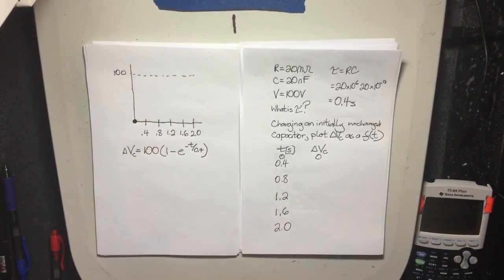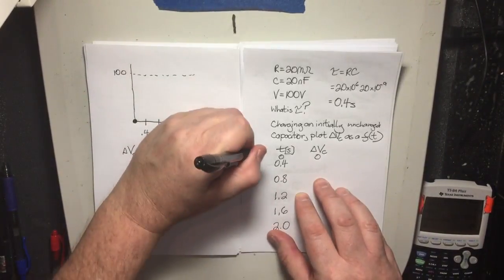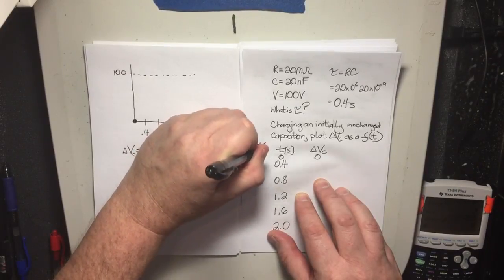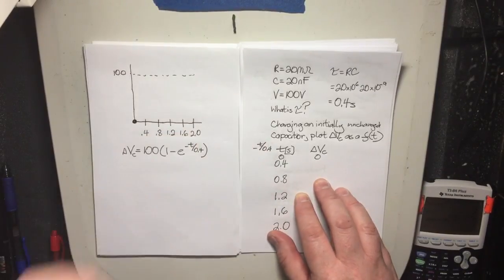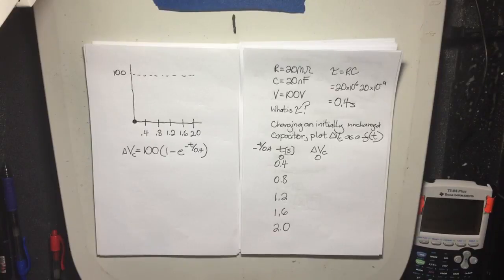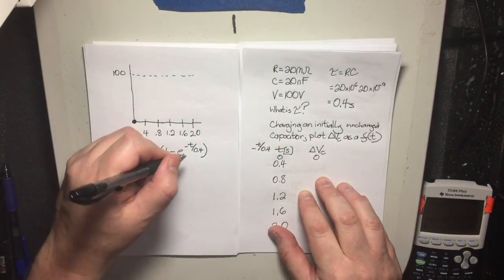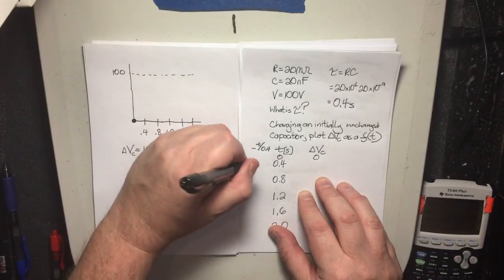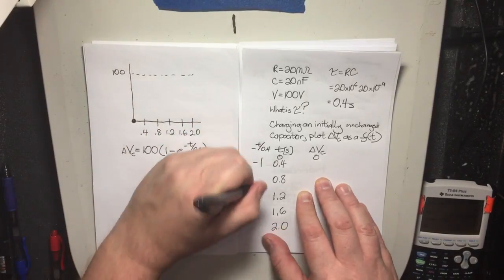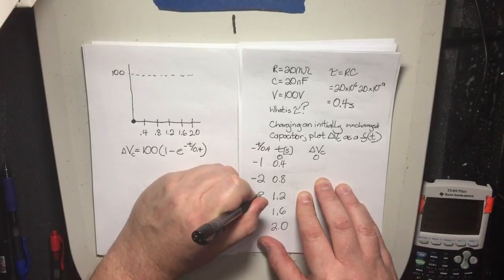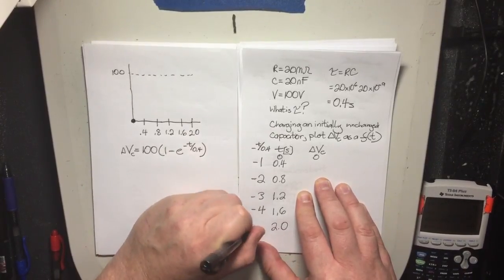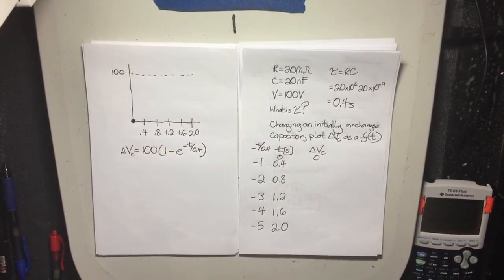Now 0.4 is the tau, which means 0.4 over 0.4 gives e to the negative 1, then negative 2, negative 3, negative 4, and negative 5. I'm stepping through this plot on intervals of the time constant.